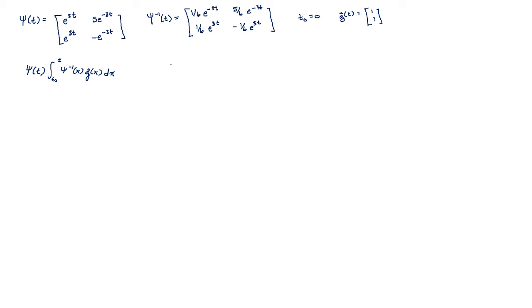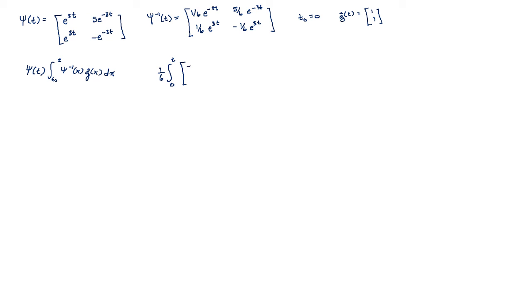So on that integral, I know that t naught is equal to 0, so I'm going to go ahead and fill that in. And then I'm going to fill in psi inverse of x. Now notice that all of these entries in psi inverse are multiples of 1/6. So I'm going to go ahead and pull the 1/6 out from underneath of the integral since it's a constant multiple.